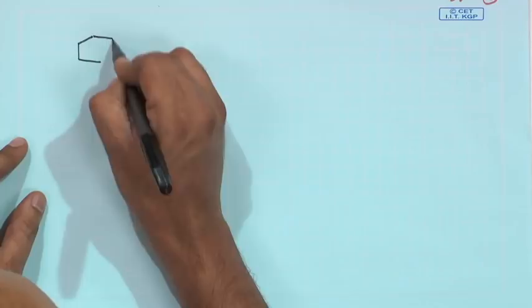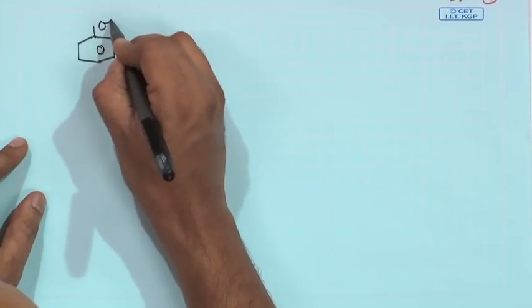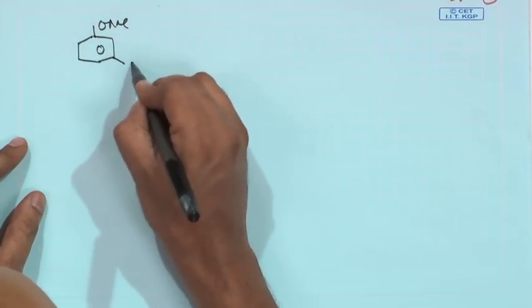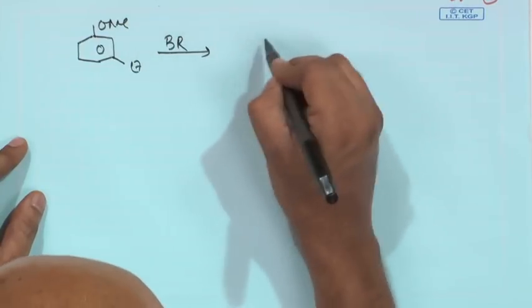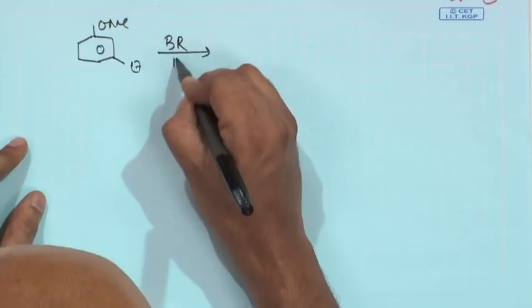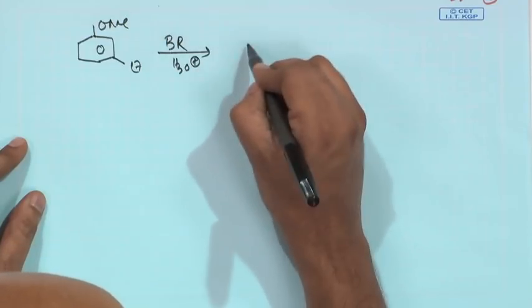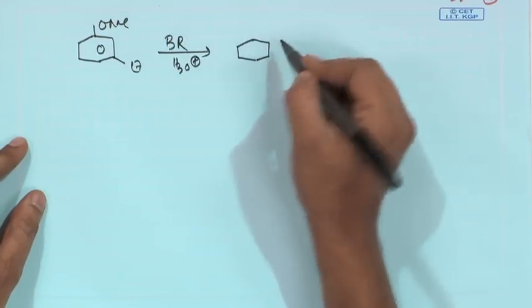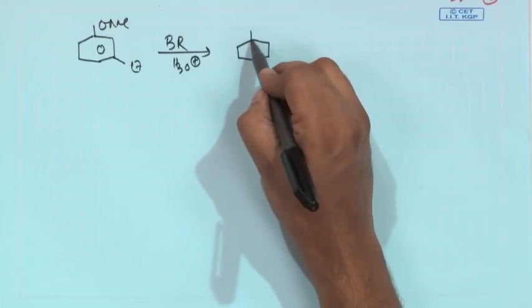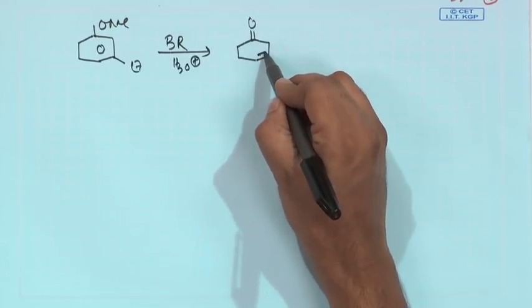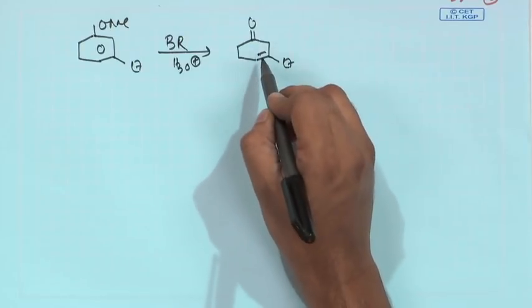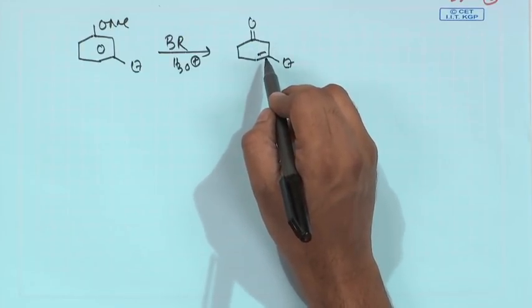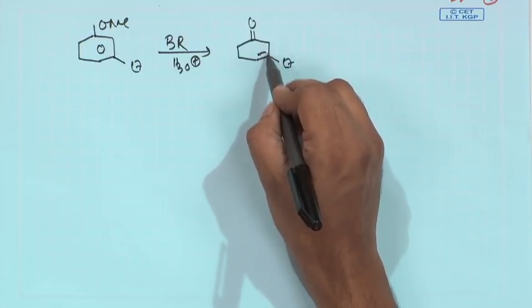So, first take the starting material, do the Birch reduction. After Birch reduction you do the hydrolysis as explained earlier, and you will get this compound. Now, as I said, do not expose this compound for a longer time, or it will isomerize to this alpha beta unsaturated compound.